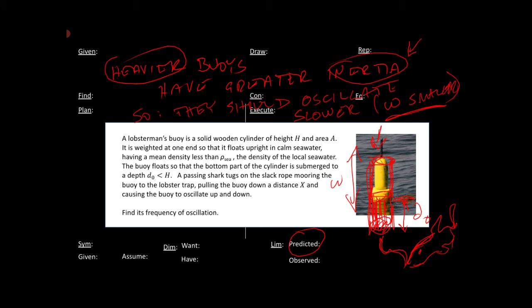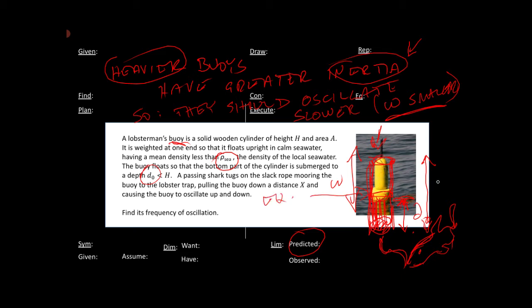So what do we know? Well, we've got the buoy, and we have the seawater. Seawater, we have ρsea, but everything else has to do with the buoy. We know that it has this depth D0 when it's just sitting there. That'll be its equilibrium position.